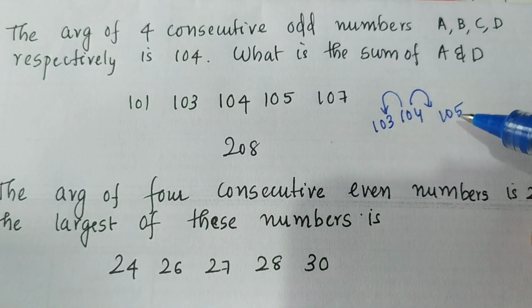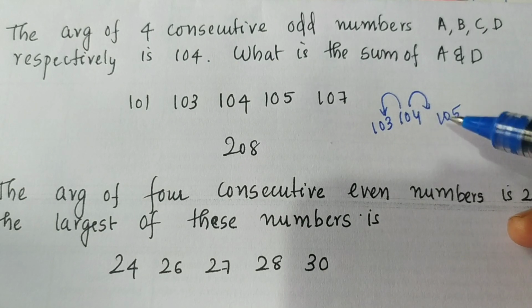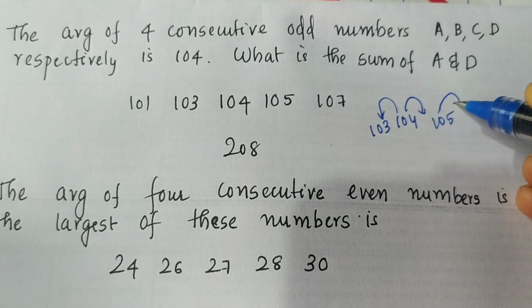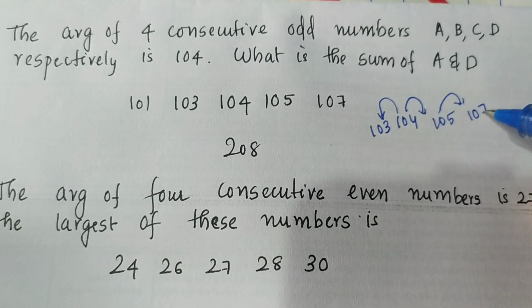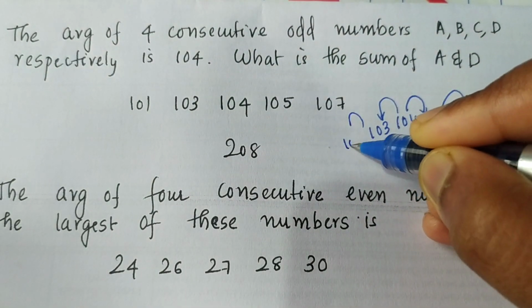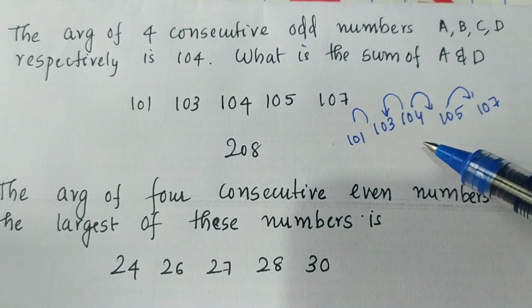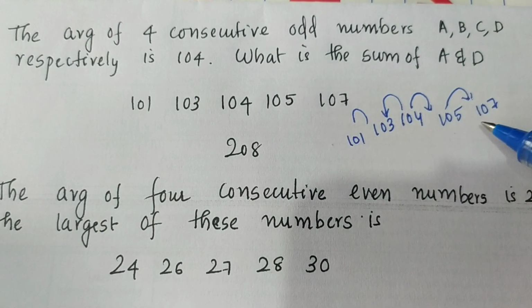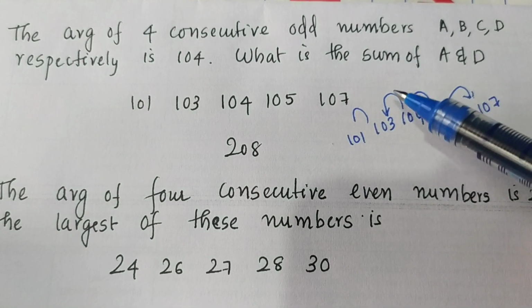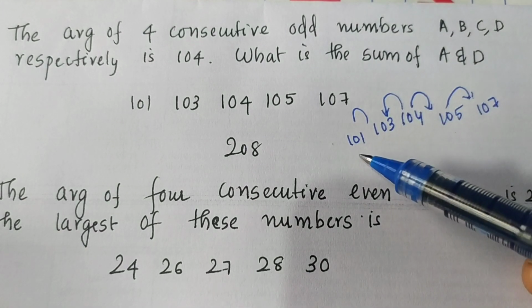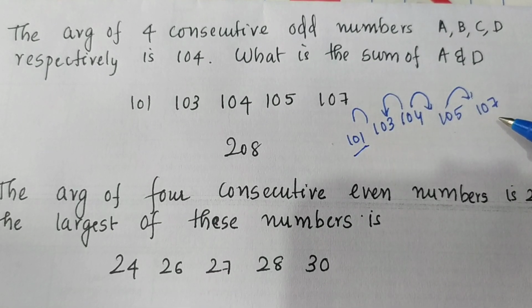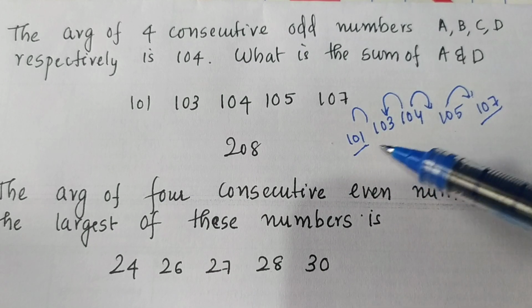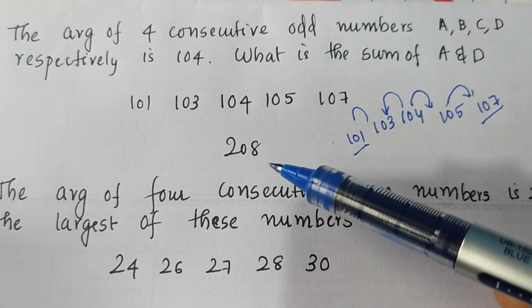So we got two numbers. There are 4 numbers, so we have to fill up equal numbers to the left and right. So what will that be? 107 and 101. So the consecutive series will be 101, 103, 105 and 107. So what will be the sum of A and D? A is 101, D is 107, so the sum of 101 and 107 is 200.